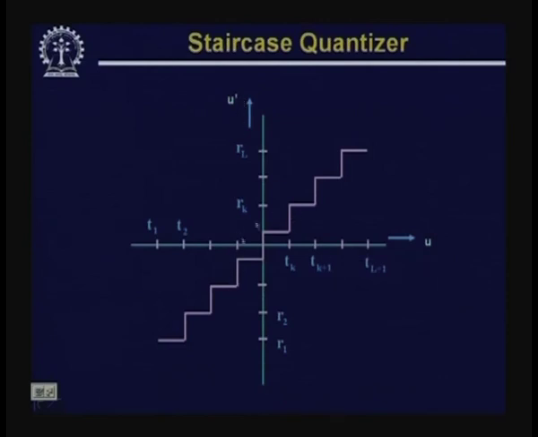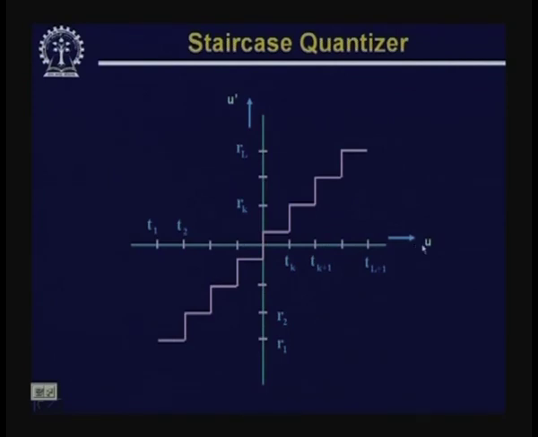This figure shows that if your input signal u lies between the transition levels T 1 and T 2, then the quantized signal will take a value R 1. If the input signal lies between T 2 and T 3, the quantized signal will take a value R 2. Similarly, if the input signal lies between T k and T k plus 1, then the reconstructed signal will take the value of R k, and so on.